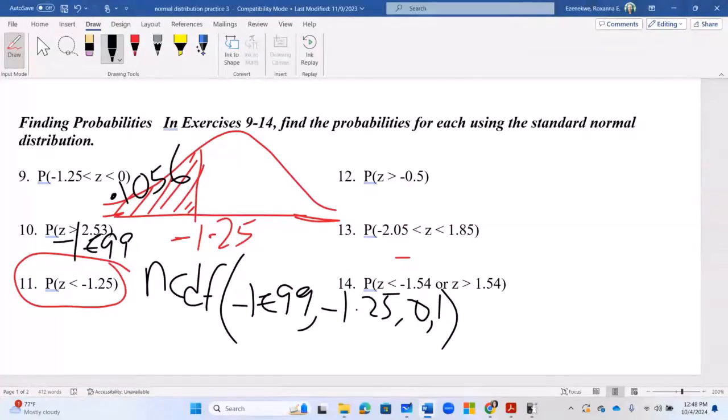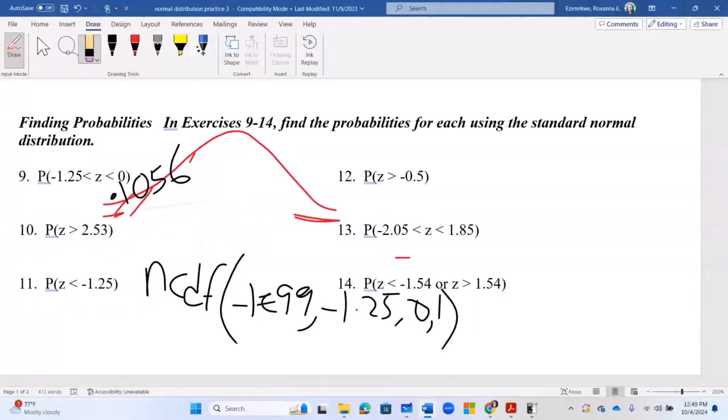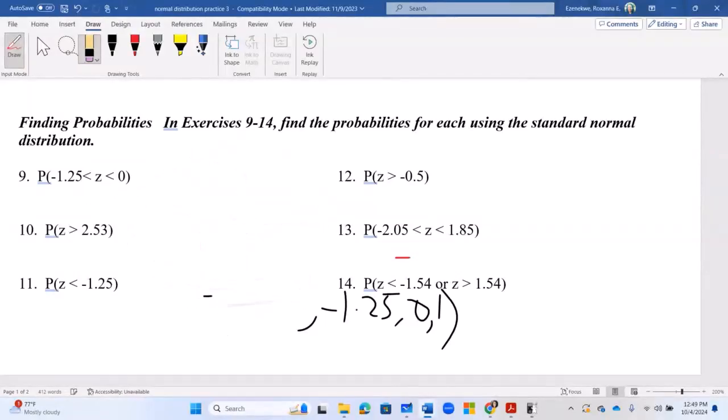All right, so let's find the area to both tails this time. All the scenarios we are trying to do: the scenario area between, the scenario area to the right, area to the left, and area to the tails.